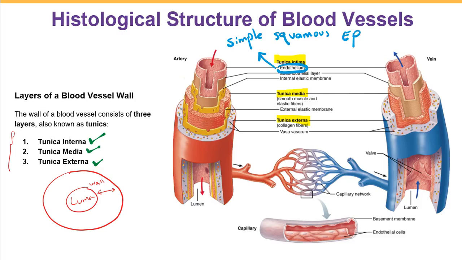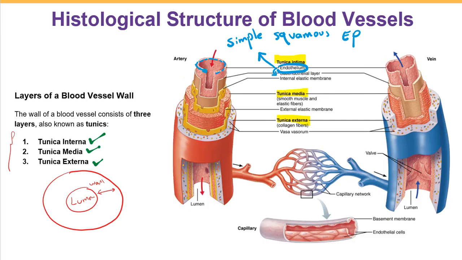So we call this endothelium. So the innermost layer of the blood vessel is endothelium, which is part of the tunica intima. We have just one layer of flattened cells on top of the basement membrane. And always remember, under endothelium or epithelium, we should have a connective tissue, which is called the subendothelial layer.